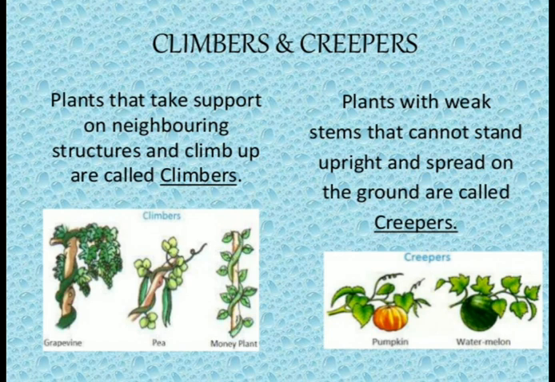And plants with weak stems which cannot stand upright and spread on the ground, they don't take support to rise upwards, they just spread on the ground where sufficient sunlight can fall and they can carry out the process of photosynthesis. These are called creepers, as they creep on the soil.